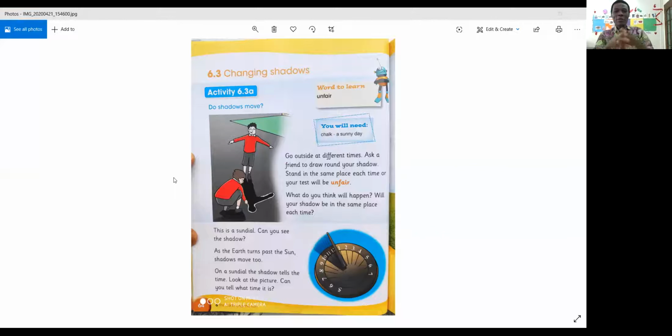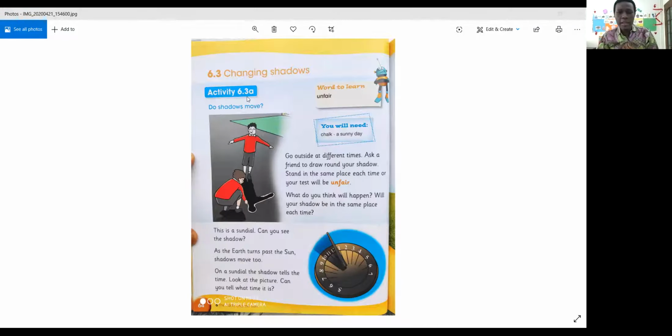But now we will try to understand how shadows are formed by the sun and how the shadows move, and if shadows are formed by the sun and they move, what can we use them for?